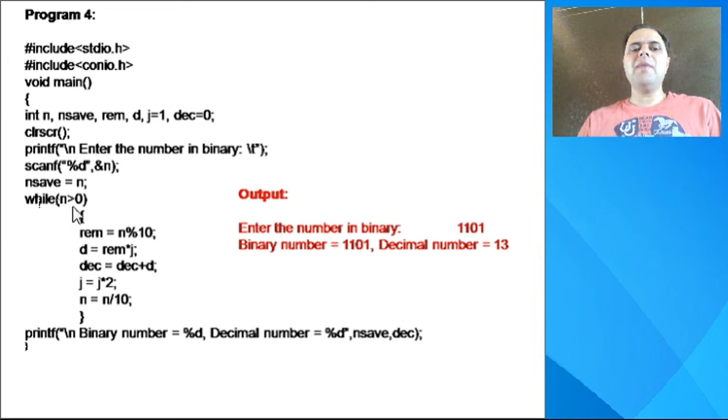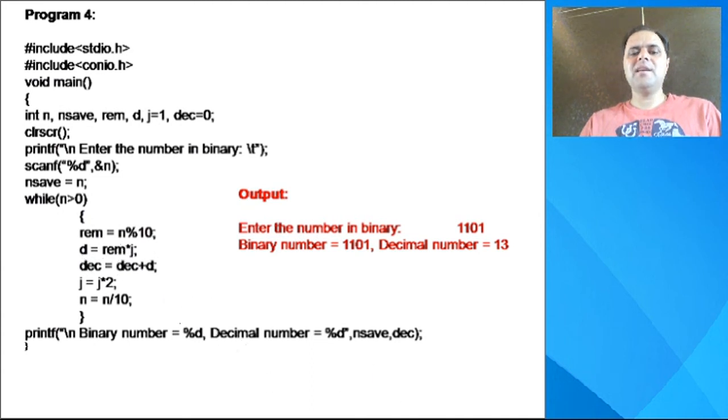So while the value of n is greater than 0, yes, this value of n is greater than 0. So remainder becomes n mod 10. So remainder will become 1. The value of d becomes remainder into j.